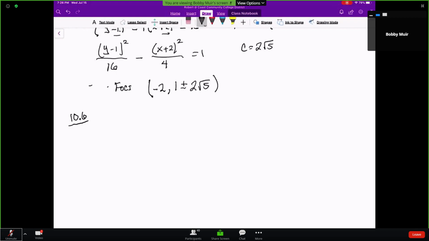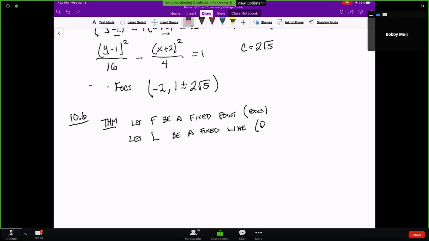Here is a result that he puts in a theorem in the book. This is an alternative way of getting the equations of the conic sections. Let F be a fixed point, called a focus. Let L be a fixed line, called a directrix.